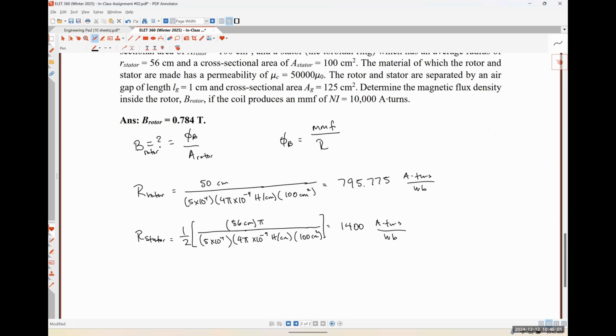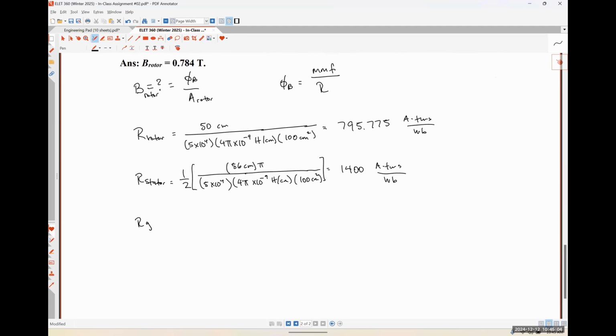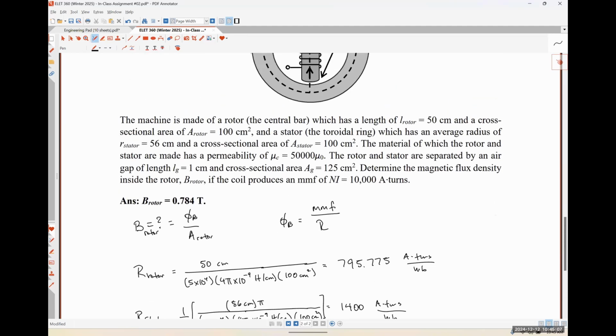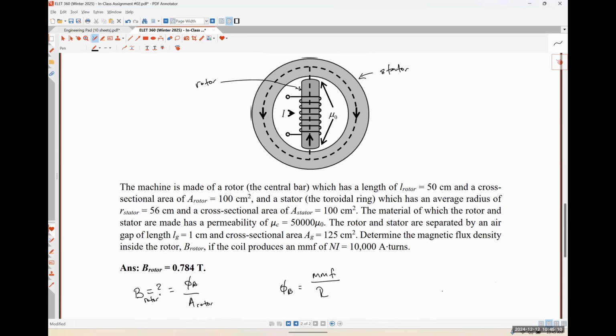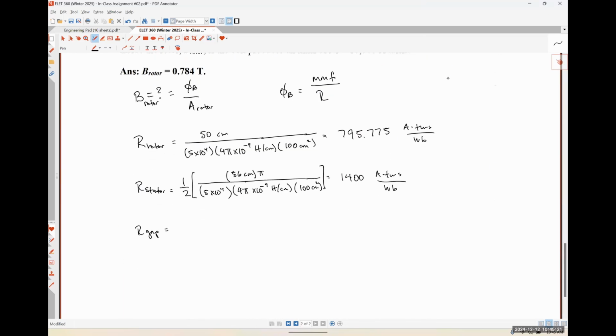Good deal. Lastly, we have our gap. There are two air gaps in this magnetic circuit. We have one up here and one down here. So we're going to use twice our length, which would be, in this case, 2 centimeters in total, so twice LG, 2 times 1 centimeter. What's the permeability of our air gap? Always mu naught, 4 pi times 10 to the minus 9 henries per centimeter.